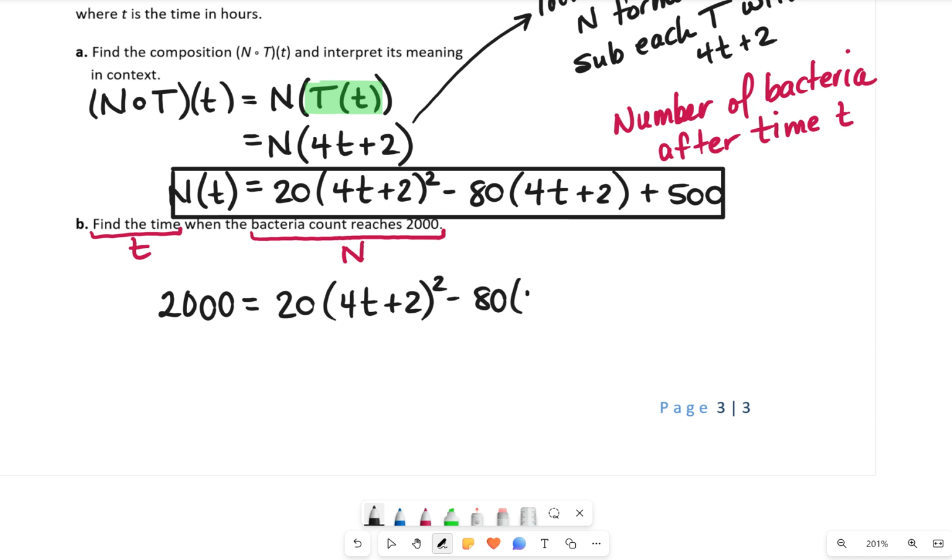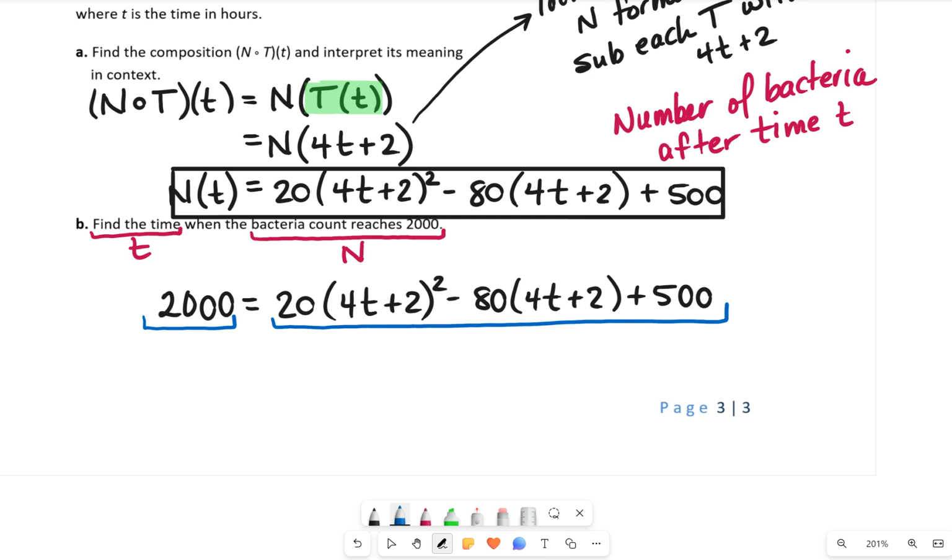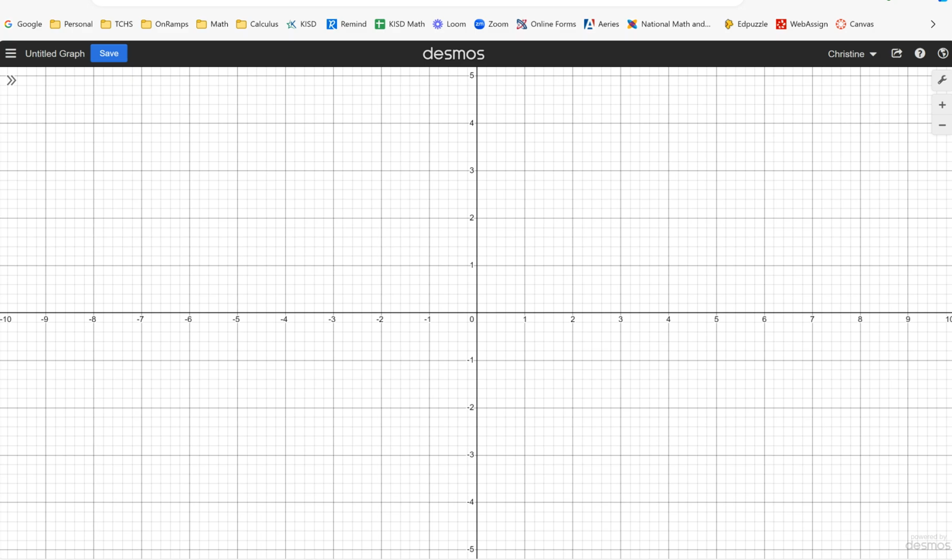But we're going to use a graphing Desmos calculator approach to solve for t. I'm going to put this side in one equation and this side in another equation. So let's go to Desmos.